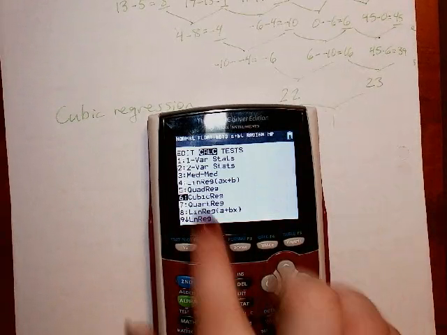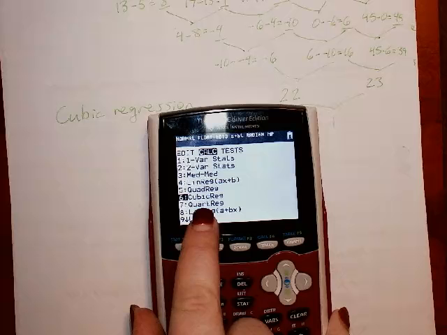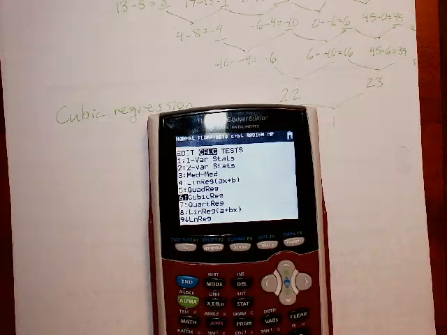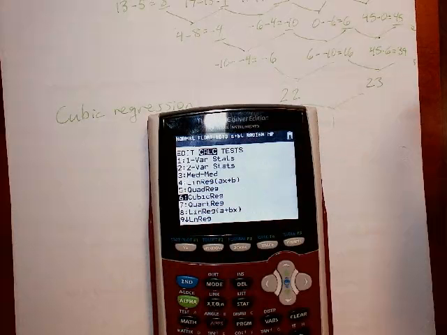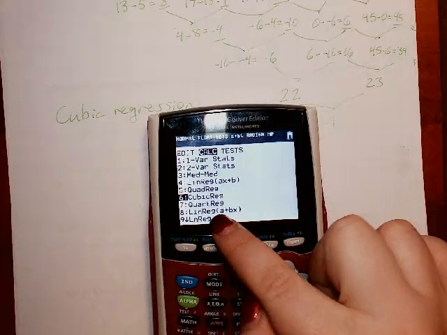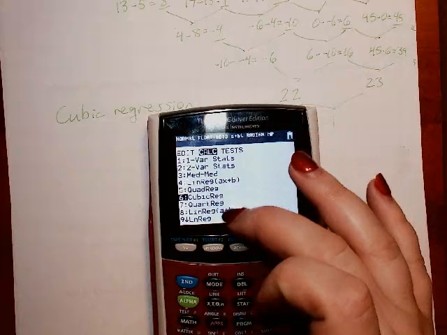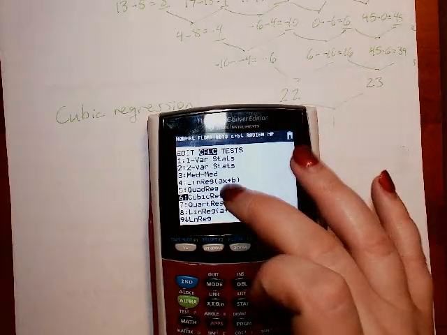If it starts down and goes up at the end, that means it has to be an odd degree. So it either has to be linear or cubic. If it was a W or an M, that means it's either quadratic or quartic. So we have to decide whether we're using an odd degree regression or an even degree regression. And in this case, we're using odd. So that's another reason we use cubic.